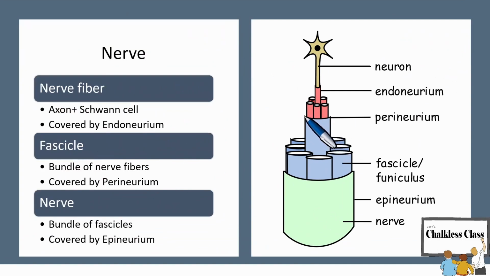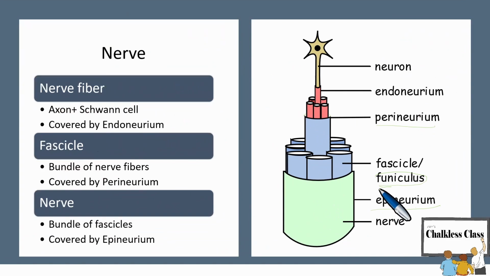And this fascicle is covered by one more dense irregular connective tissue sheath. This is called the perineurium. The bundle of fascicles is wrapped by one more connective tissue layer called the epineurium. So the epineurium surrounds the funiculi or fascicles. So the bundle of funiculi or fascicles is called a nerve.